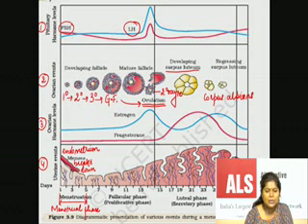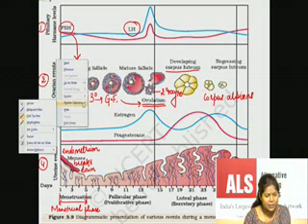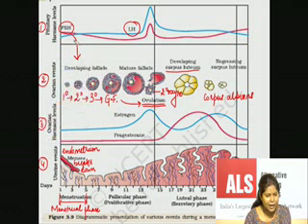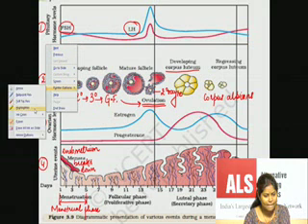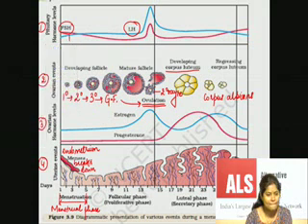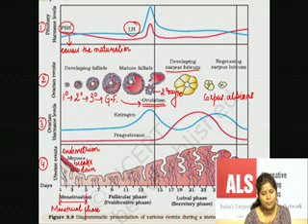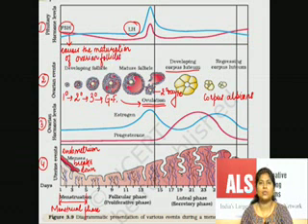FSH brings about the conversion of the primary follicles into tertiary and then Graafian follicles, causing the maturation of ovarian follicles.